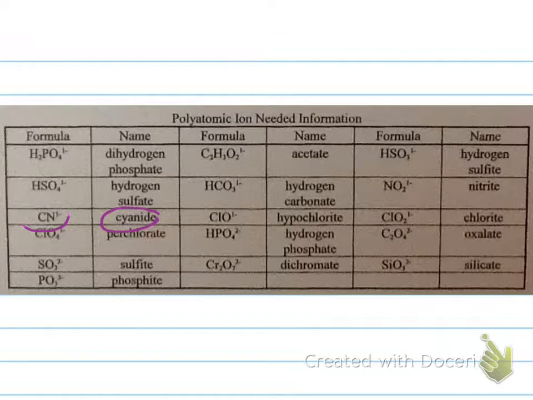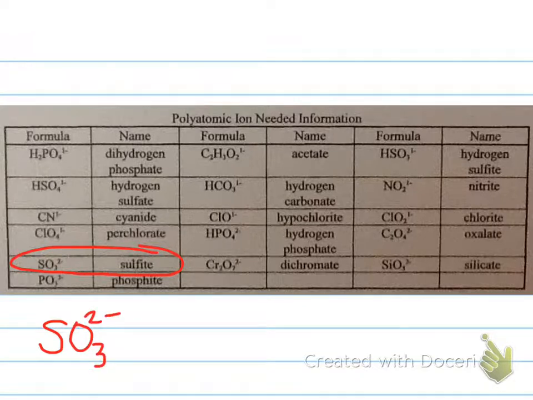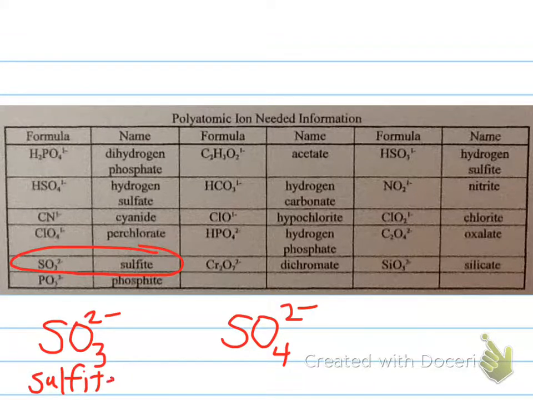Because notice, sulfite's on my helper sheet. Sulfate isn't. But if I remember that sulfite and sulfate have the same atoms, they have the same charge, and that sulfate's going to have 1 more oxygen, I can kind of cheat. And I can use my helper sheet to figure out what sulfate is if I've forgotten.